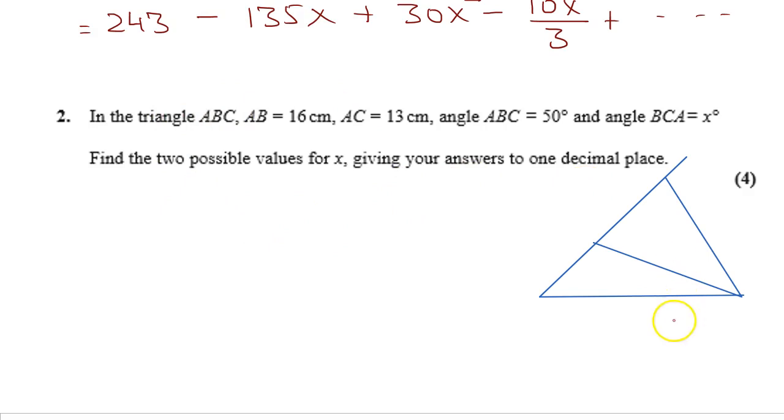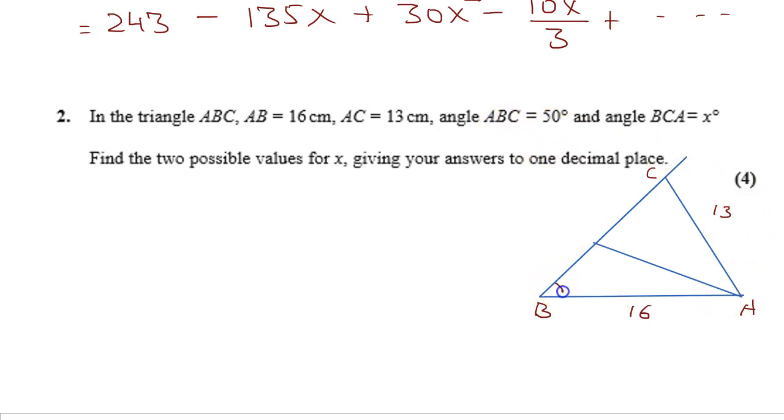Question number 2. In a triangle ABC, let's say this is A, this is B, and this is C. AB is 16 centimeters, AC is 13 centimeters, and angle ABC is 50.